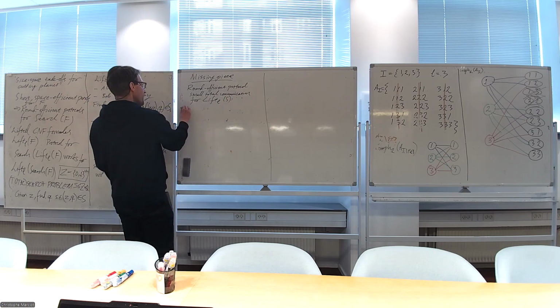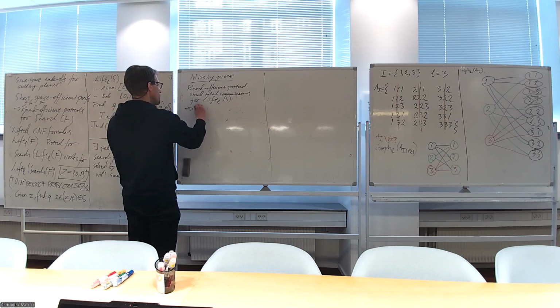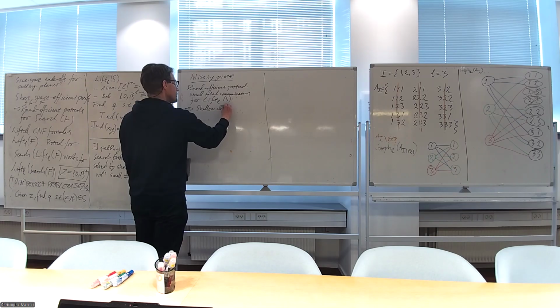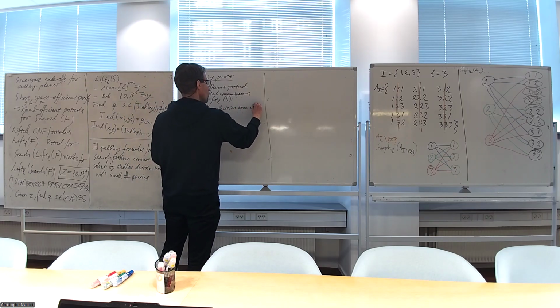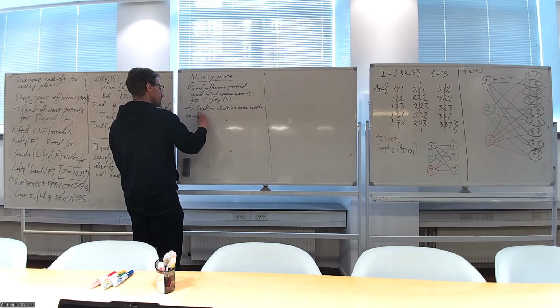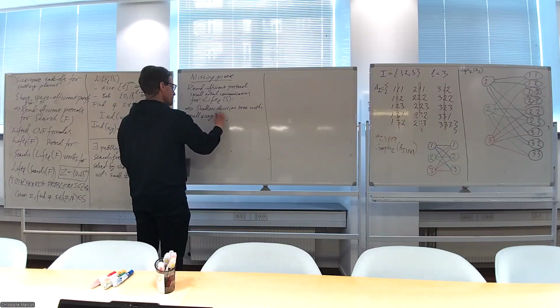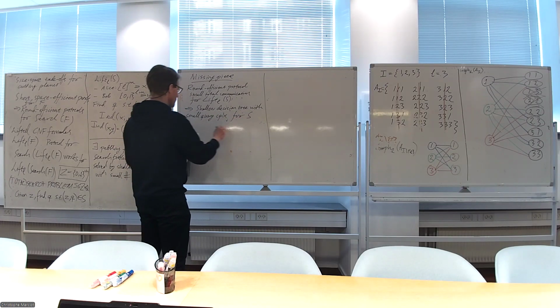Okay. Then, from such a round-efficient, low communication cost protocol, we obtain a shallow decision tree with small query complexity for the original search problem.